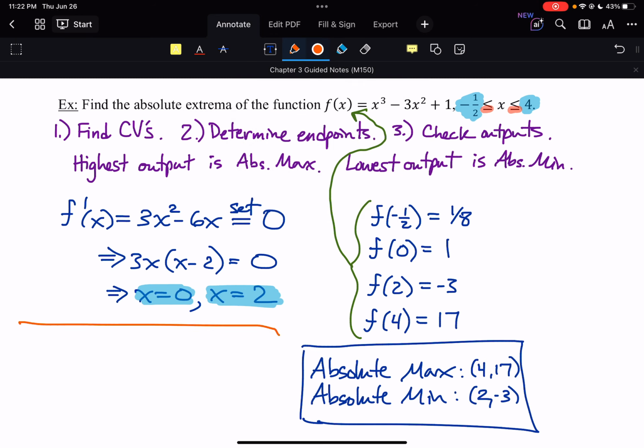And if you were curious, just as a side note, it didn't ask us to determine relative extrema for this one, but in case you wanted to try it on your own. So actually the interval, we cut it off here.